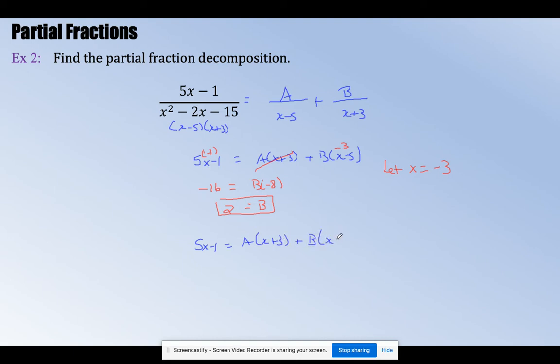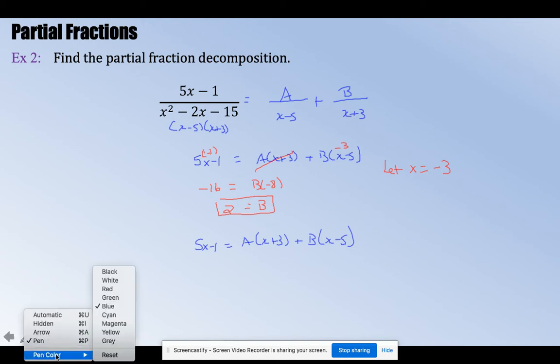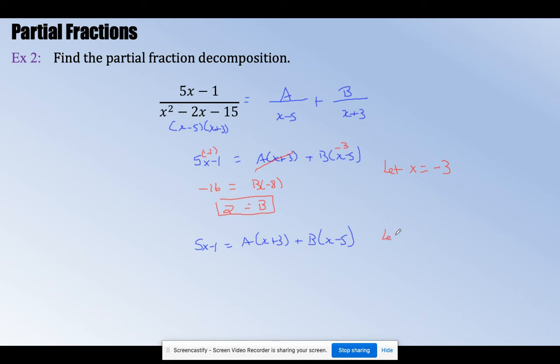Bring Arnold, bring the terminator in. Put 5 here, put 5 here, and use Arnold to bye-bye. Terminate the B.